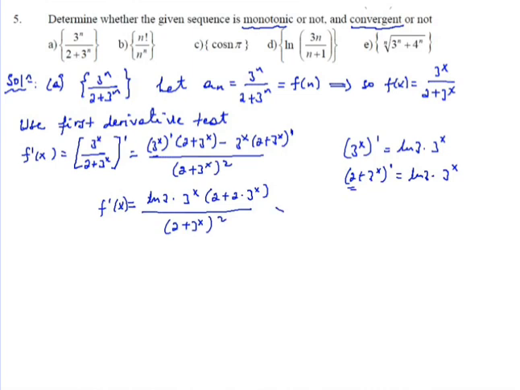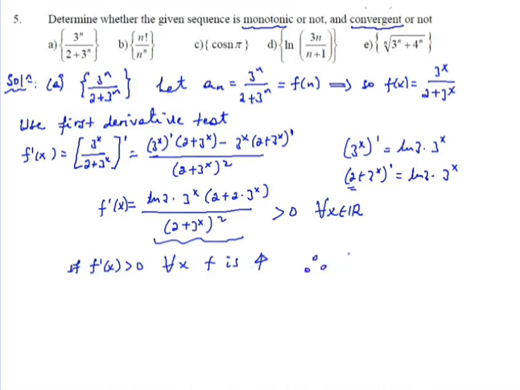አሁን በደንብ ልናይ ያስፈልጋል, this is always a positive number for any x an element of the real numbers. x የፈለገውም ቢሆን ይሄ ኤክስፕሬሽን ሁሌም ፖዚቲቭ ነው, strictly greater than 0 for every x. So first derivative test ምንድነው የሚነግረን: if f derivative of x is greater than 0 for every x, f is increasing እንላለን, function increasing ነው.